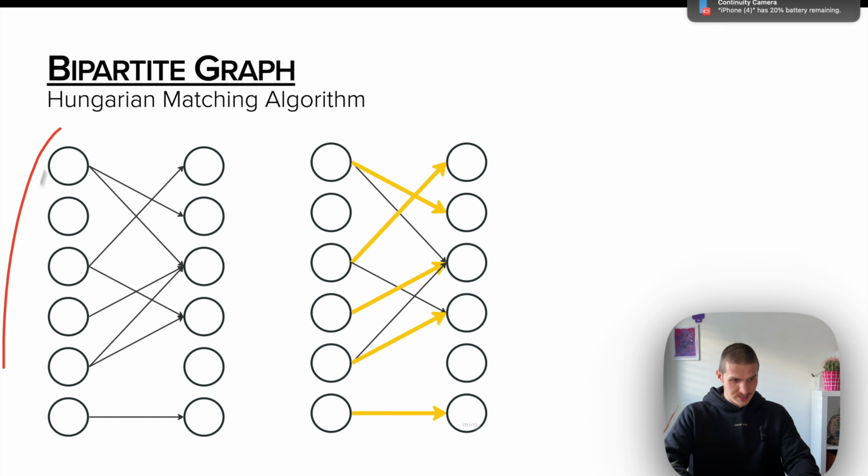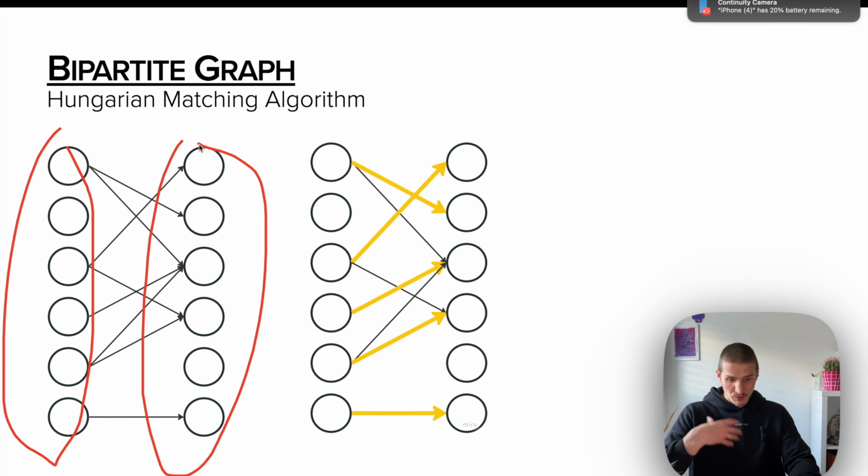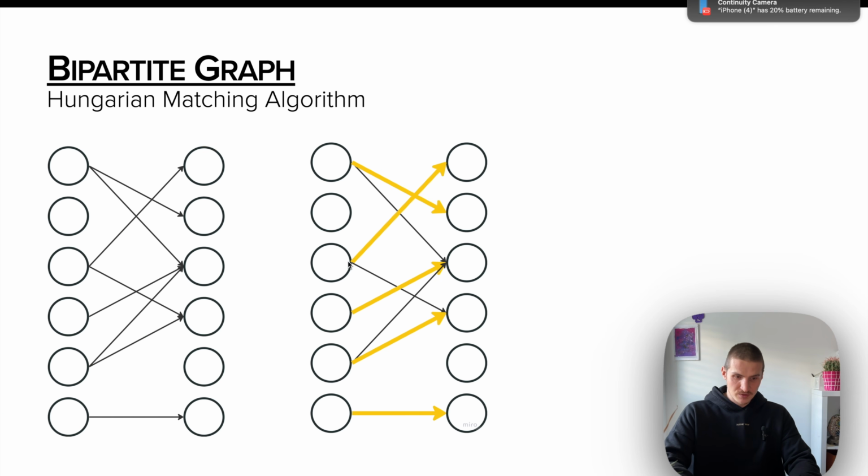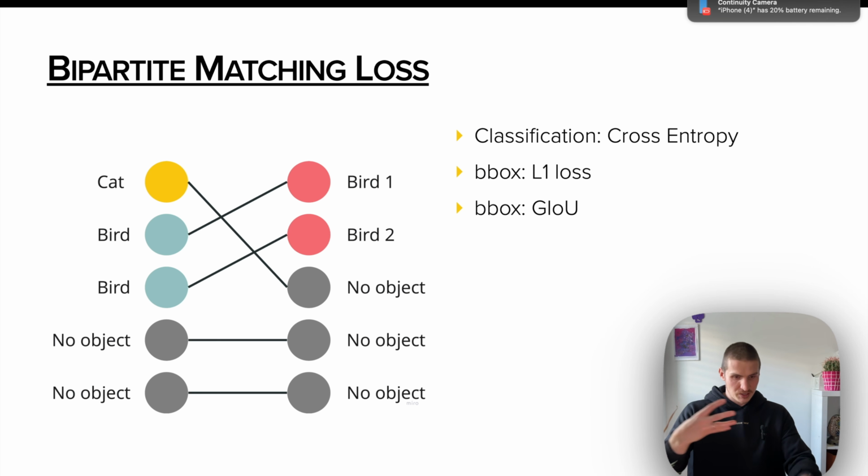So basically, we have our set of ground truth objects and the set of model predictions, and we need to find such connections that every one of those nodes is used only once, and it optimizes some sort of loss. The actual connection is done using the Hungarian matching algorithm, also called matcher in the code.